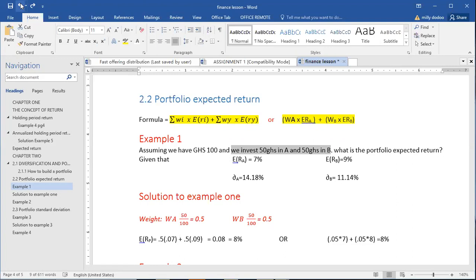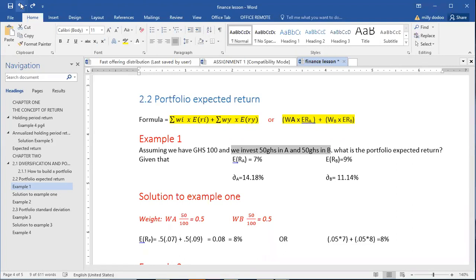So assume 0.5, 0.5. Don't go and say 0.6, 0.4. Don't go and say 0.7, 0.3. No. You assume an equal weight for them.